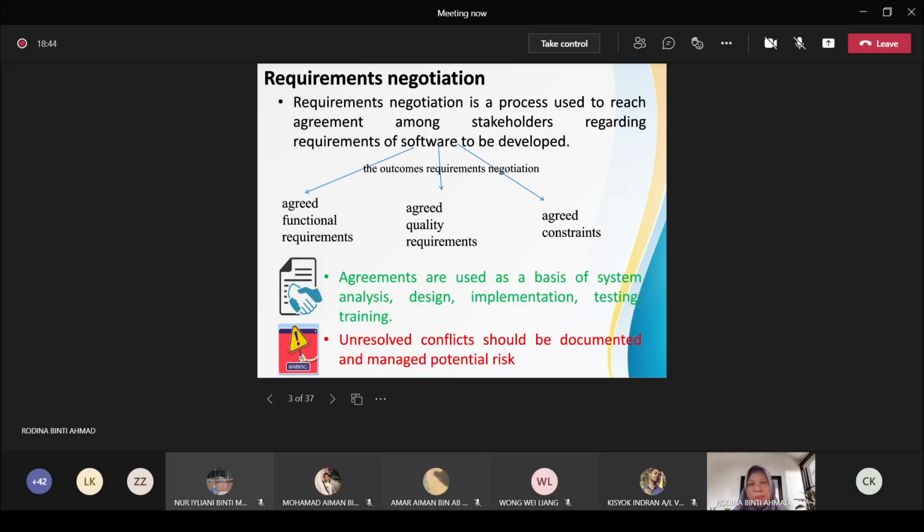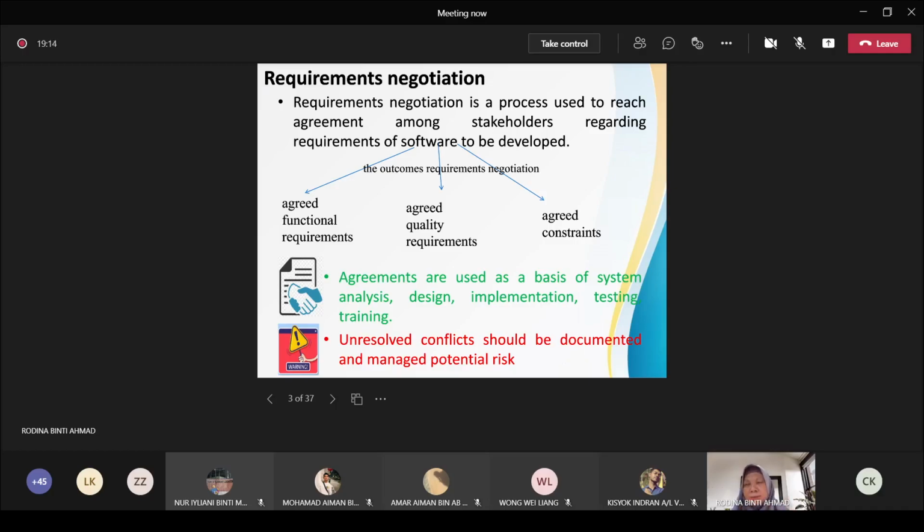We also mentioned that there can be a negative outcome if we don't have a good negotiation. What actually occurs when there is a problem is usually called a conflict. Unresolved conflict should be documented and managed as well, because it can lead to many other unacceptable circumstances, like the system not being well accepted by the stakeholders.